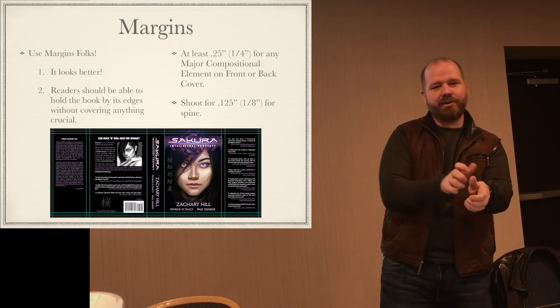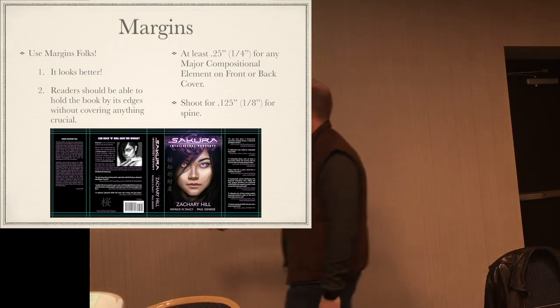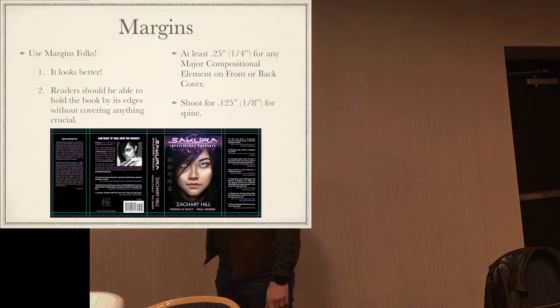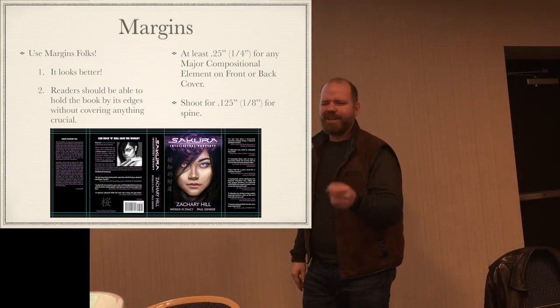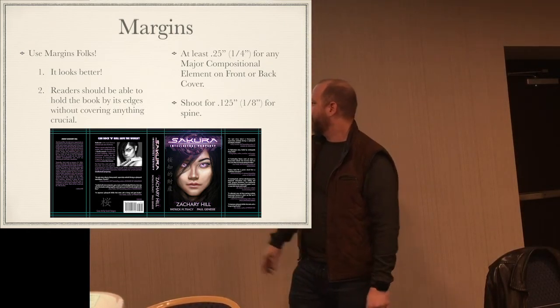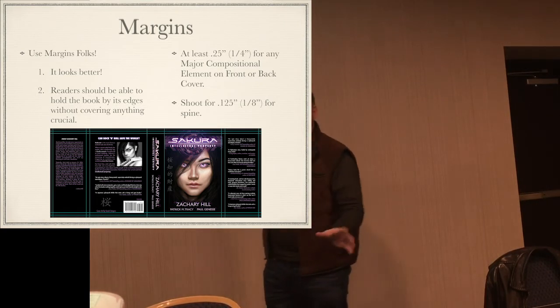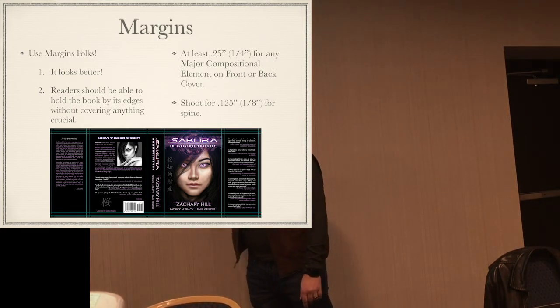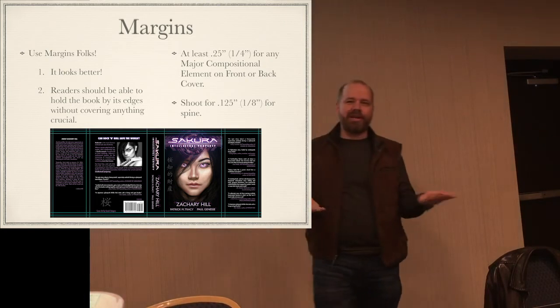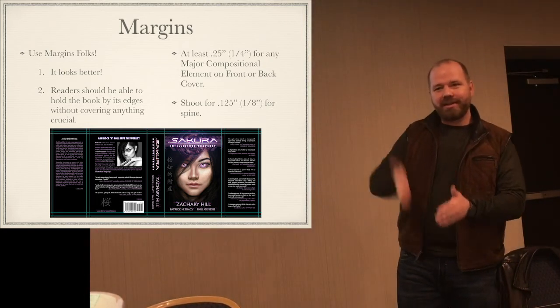That crease looks bad if it goes right over your title. The crease is usually about 1/4 of an inch or so, maybe a little bit more away. So you want to have like 3/8 inch or something like that from the edge of your cover to any sort of title element.